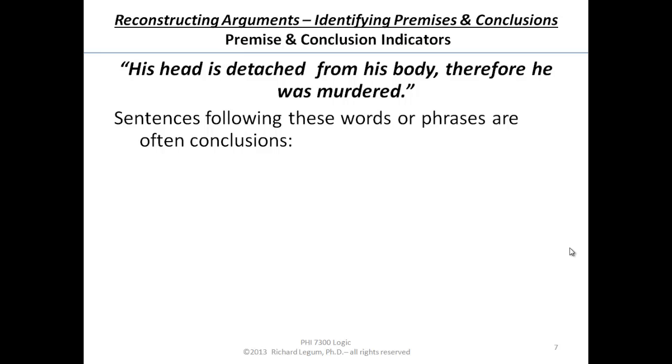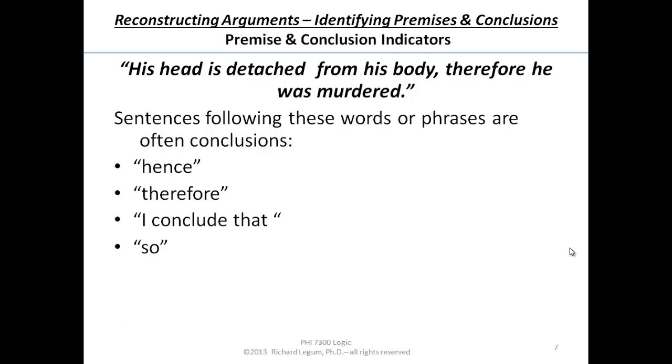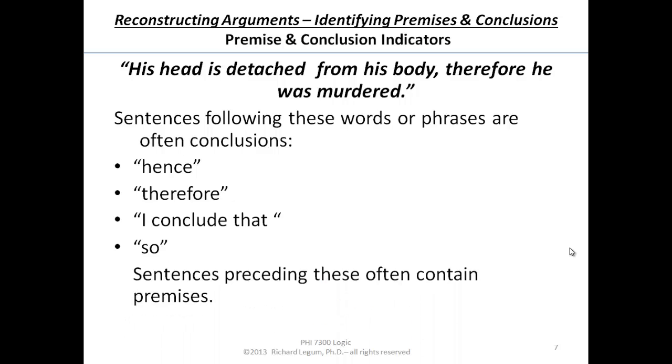Sentences following these words or phrases are often conclusions. We already have one, "therefore." Similarly, "hence," and we had already "I conclude that." The idea is that the sentences that come after these are oftentimes conclusions, and remember, it's not a guarantee.